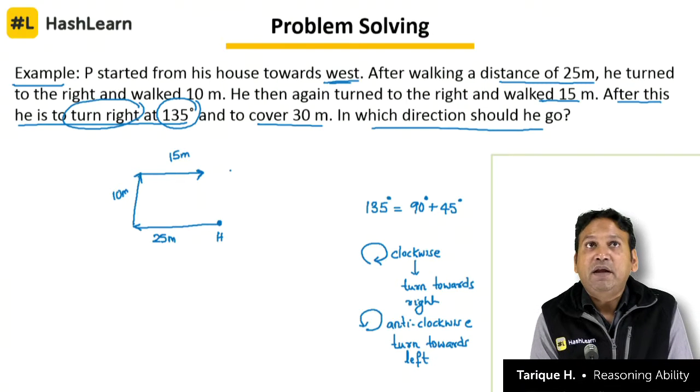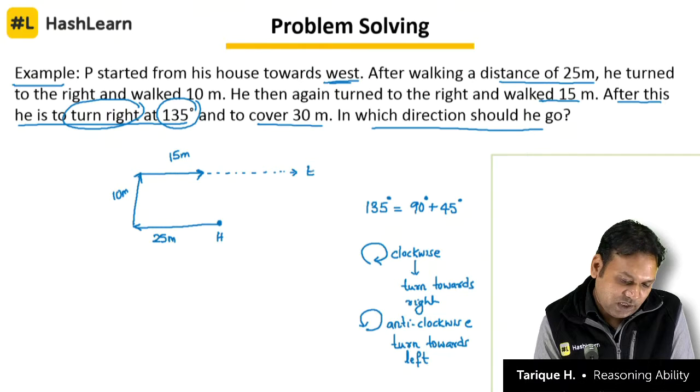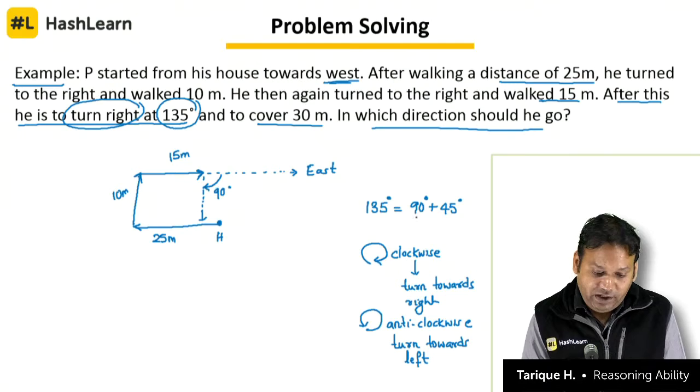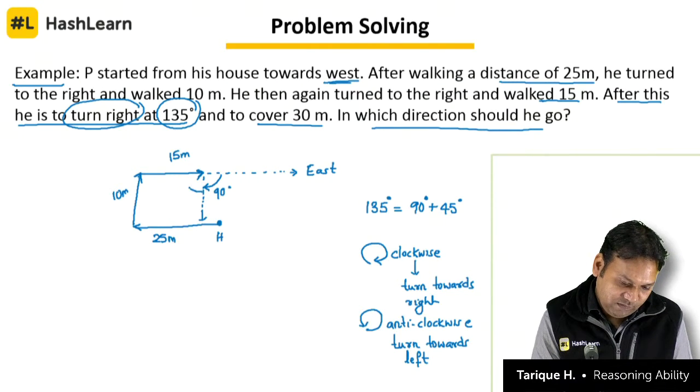First of all, if he does not turn at all, which direction will he continue to go in? This direction is east, right? If he turns 90 degrees in the clockwise direction, that is turning 90 degrees towards right. But he is not turning 90 degrees towards right, he is turning 90 plus 45. So it took another 45.